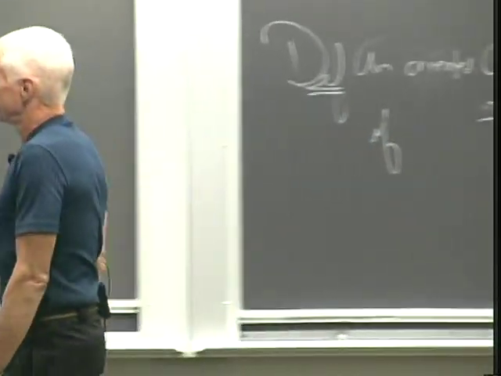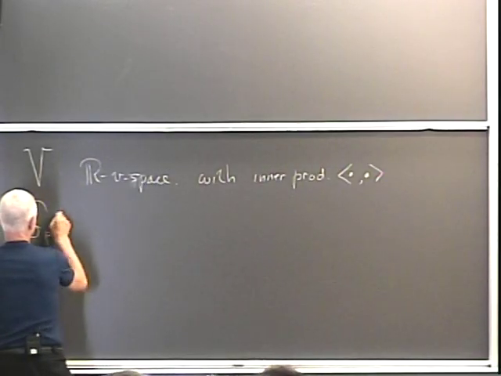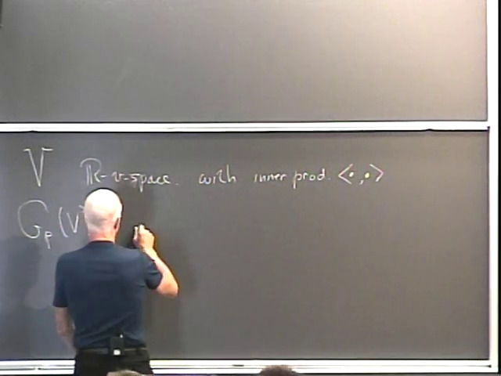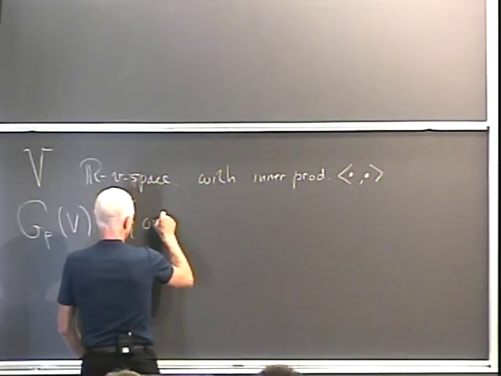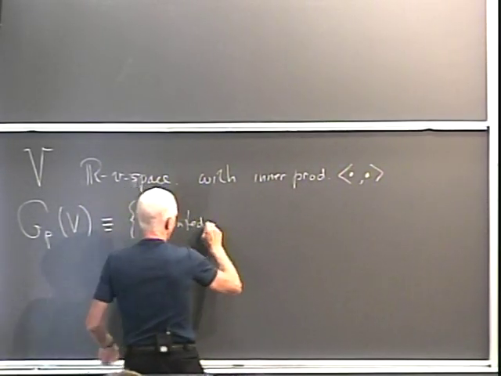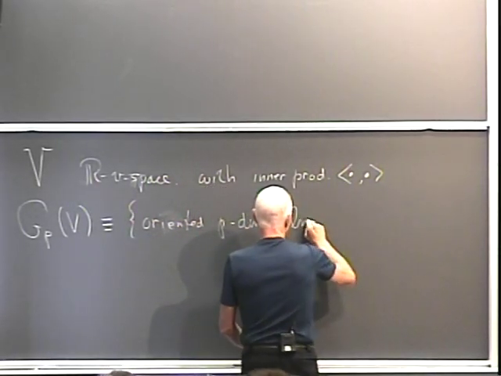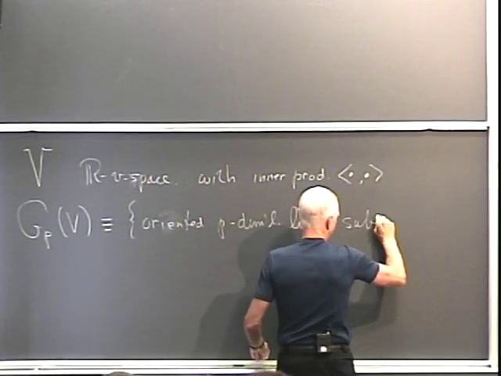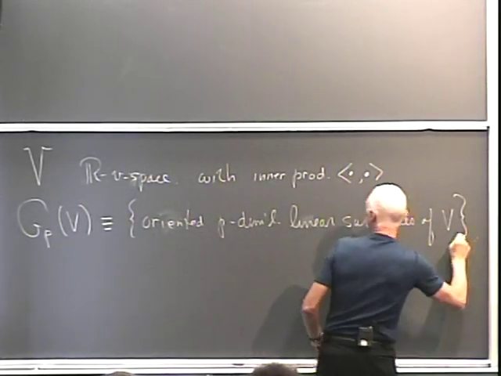Associated to this, I can define G_p(V). This is, by definition, the set of oriented p-dimensional linear subspaces of V.